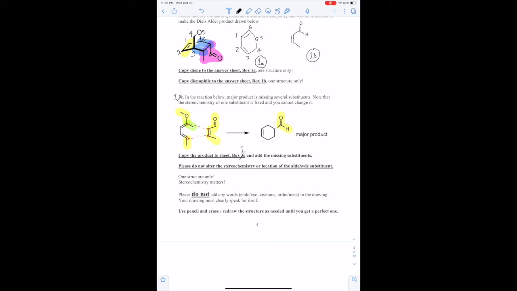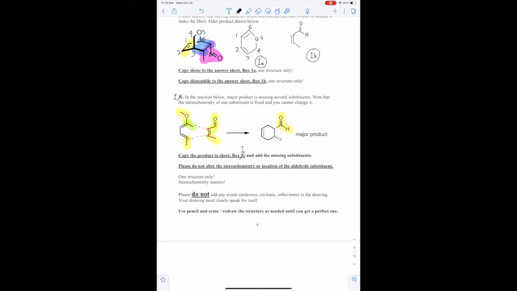So they're all going to be in the same orientation. So it'll be either pointing towards us or away from us, all of them at the same time, because they're all pointing away. So since the oxygen group or the aldehyde group is depicted with dashes, which means it's pointing away from us, we want all of the yellow substituents to point away from us.